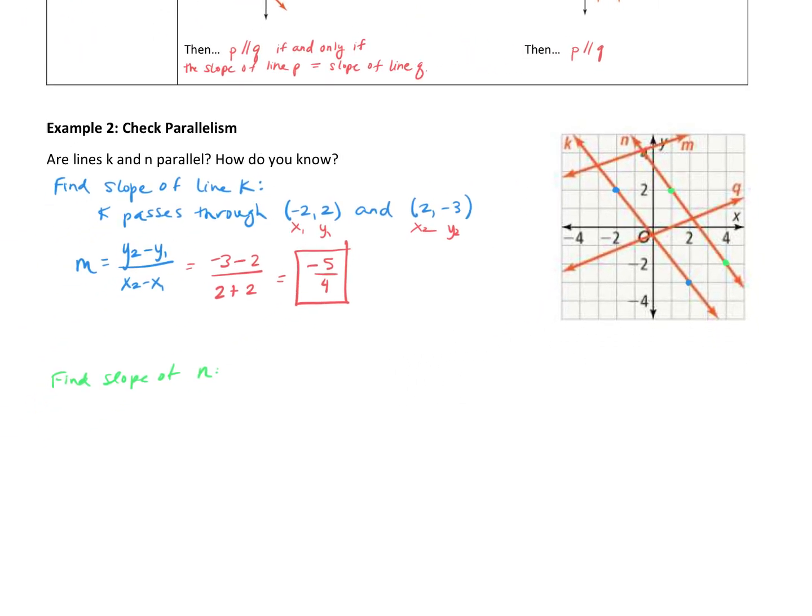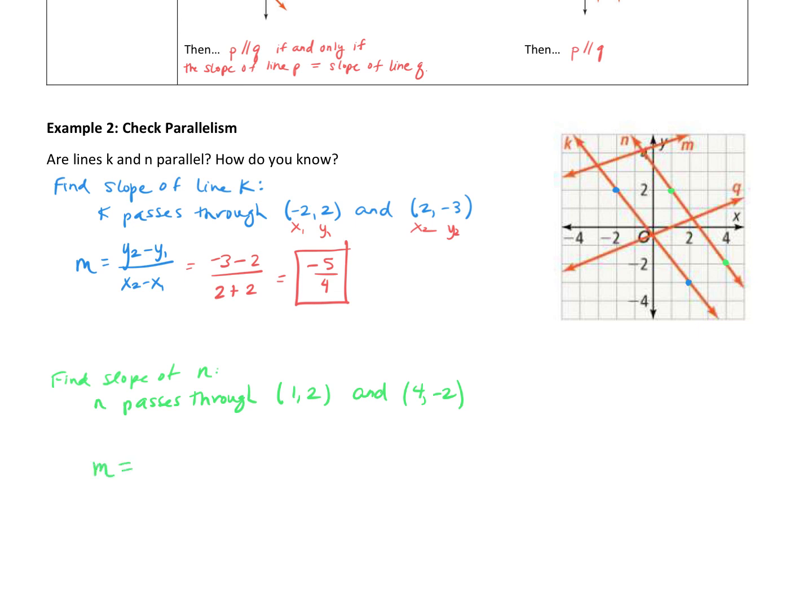So we just noticed that line N passes through those two ordered pairs. The first one we said was (1, 2), and the second one is (4, -2). So we're going to find the slope of this line.